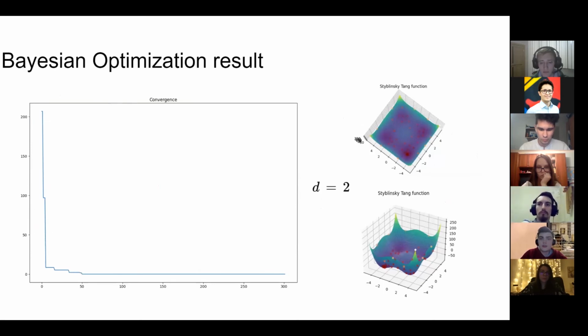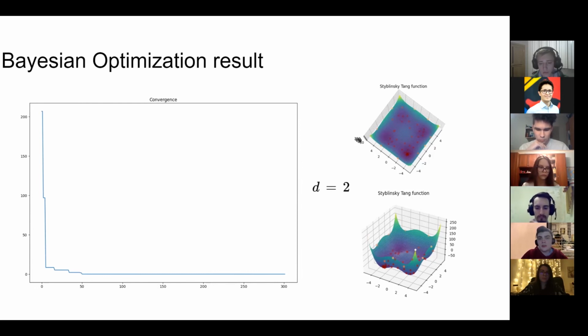Here you can see the convergence graph of the two-dimensional example. As you can see, it converges really fast.